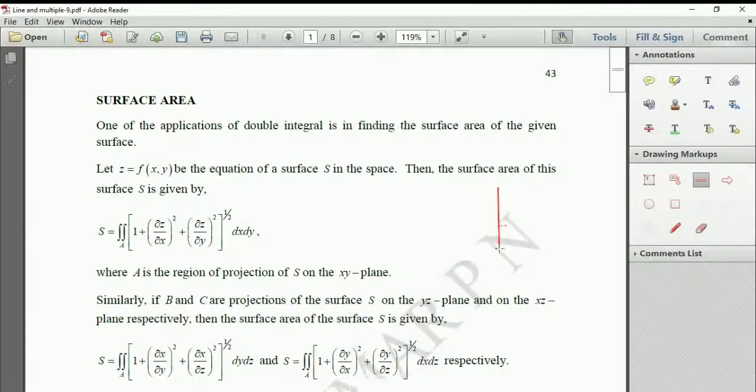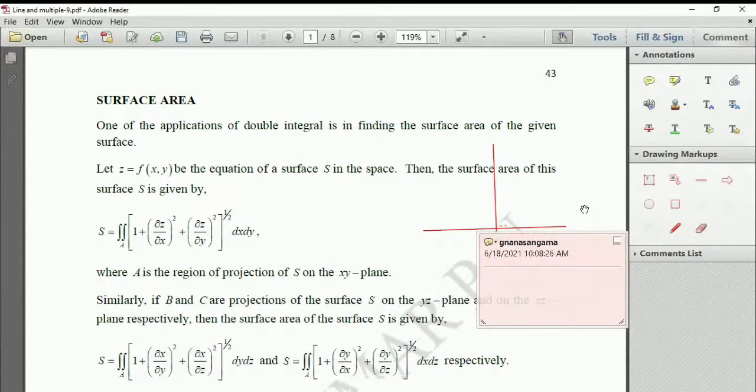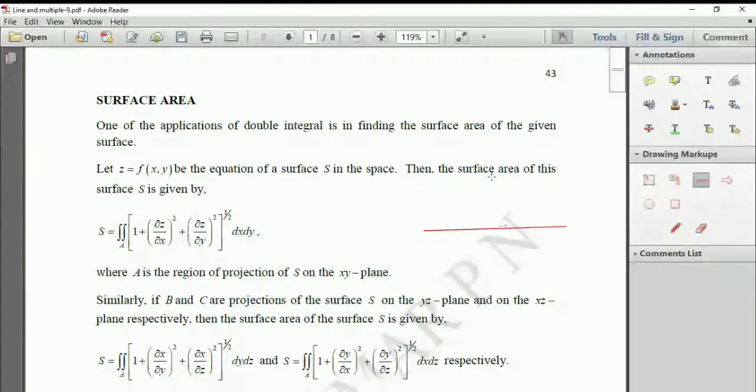Let me take this as the z-axis, this is the y-axis, and let us assume this is our x-axis.